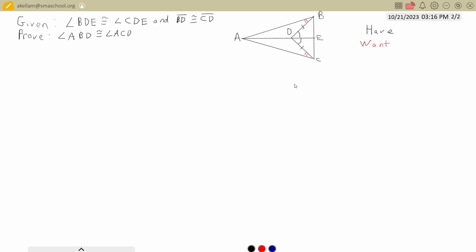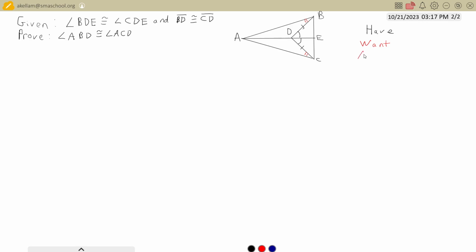Now, there's a lot of ways to prove that angles are congruent. But if we look at the diagram we have, the angles that I want to show are congruent are part of two separate triangles.